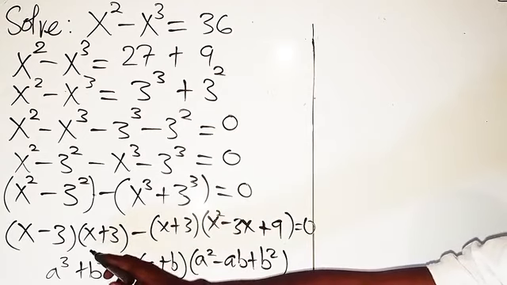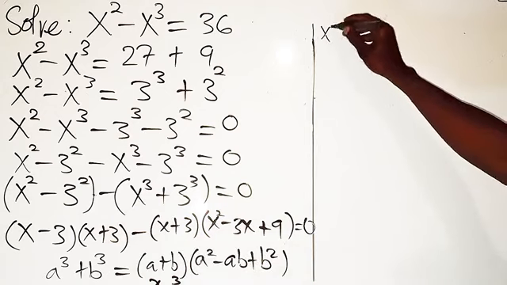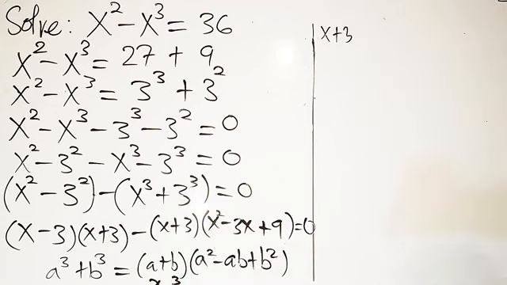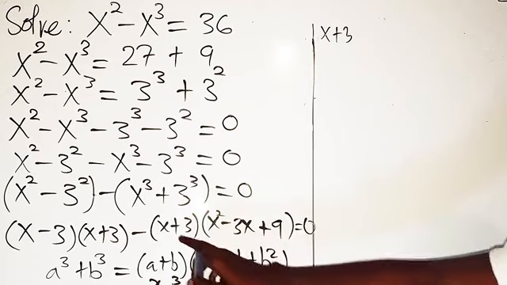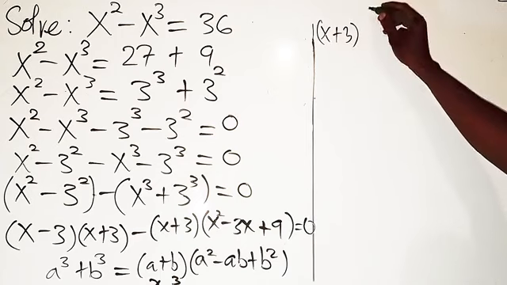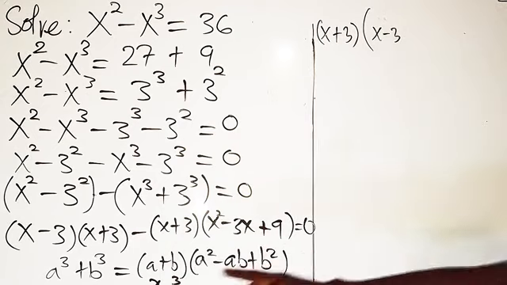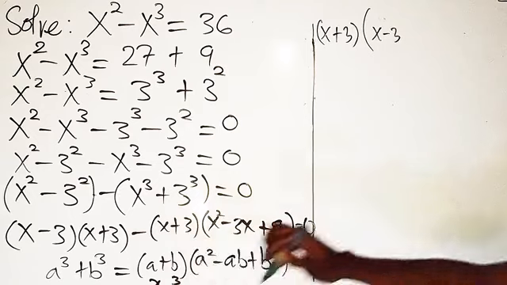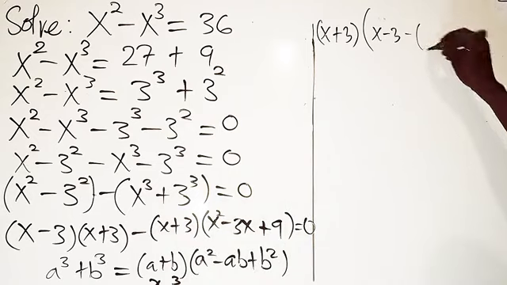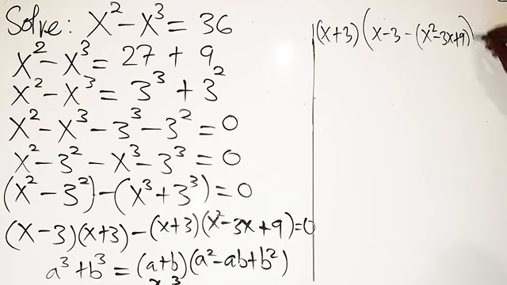We have x plus 3 here and x plus 3 here. So I can factorize x plus 3 out, we have x minus 3 left here, then minus into bracket x squared minus 3x plus 9, then close bracket equals 0.